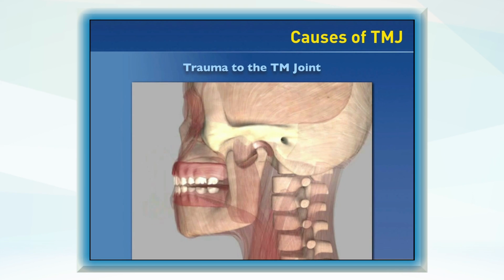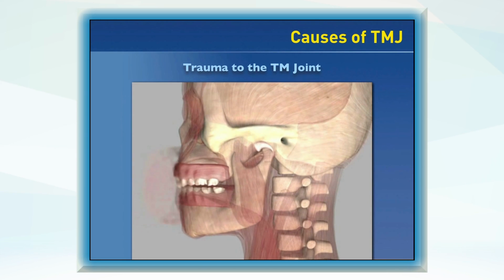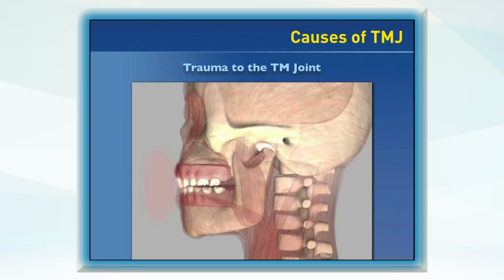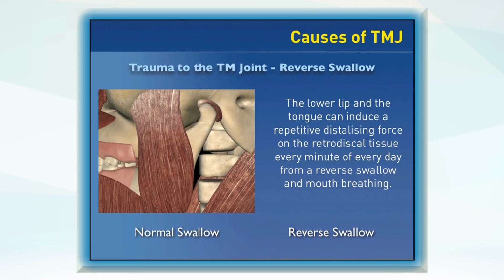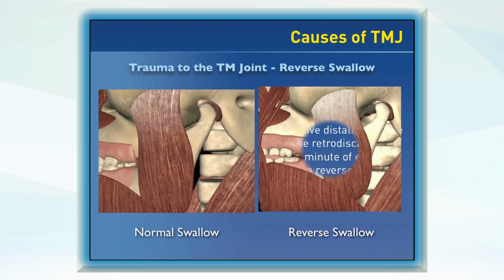So we can understand, yes, if we have a blow to the jaw, that's going to cause damage. But also, what about incorrect swallowing pattern? Mouth open posture. In a normal swallow, there's no distalization of the condyle. Incorrect swallow, a mouth open posture will distalize the condyle twice a minute.